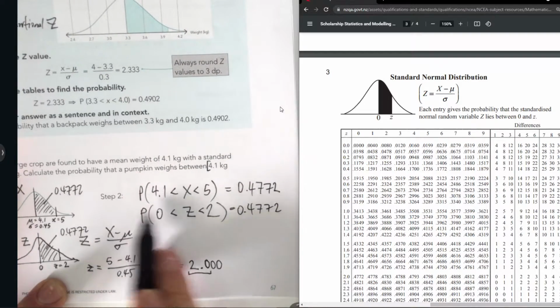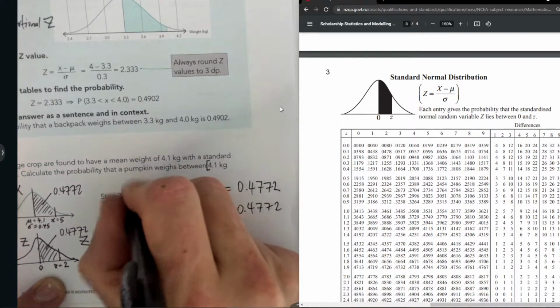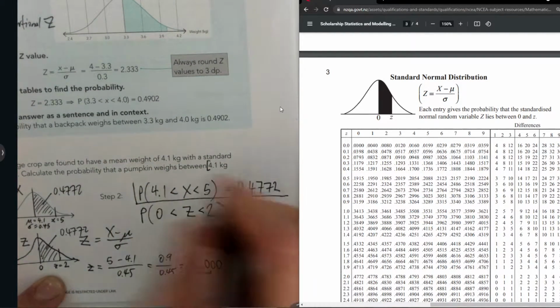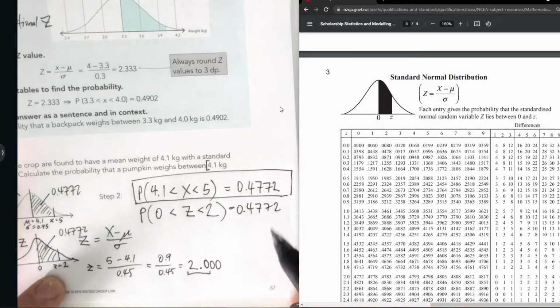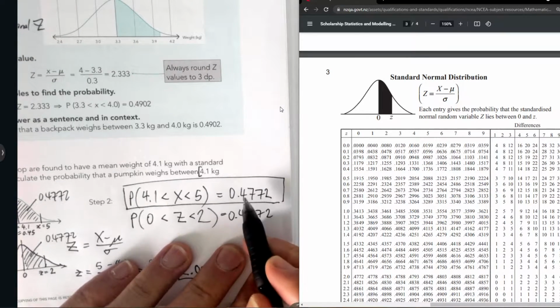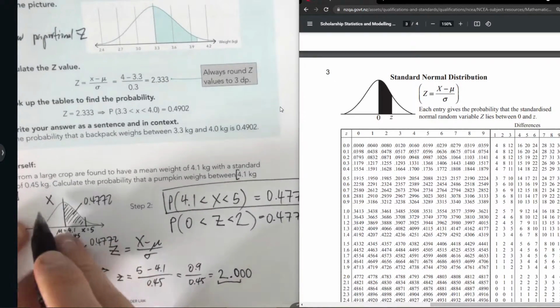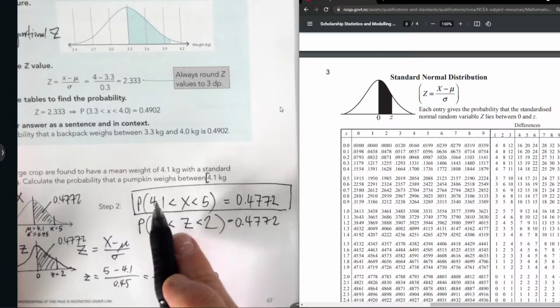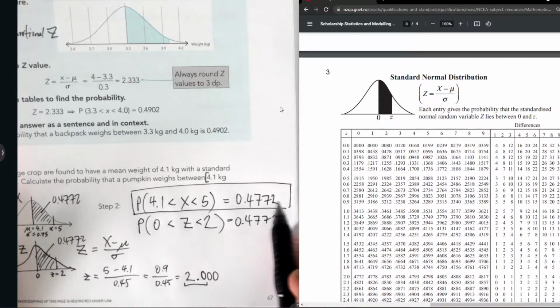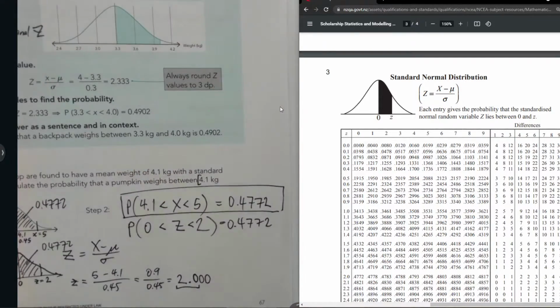So this is the answer to your question. In NCEA, if you just write 0.4772, you get an achieved mark, so it's definitely worth knowing. The probability that a pumpkin weighs between 4.1 kg and 5 kg is 0.4772.